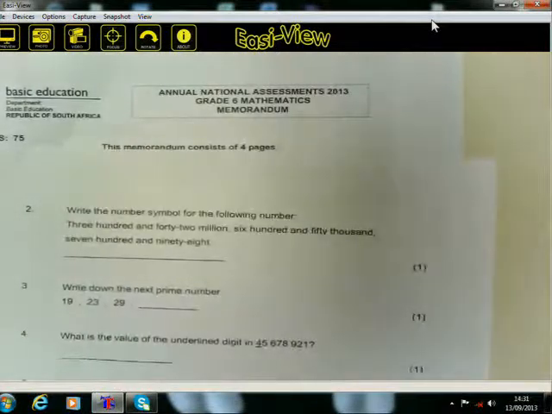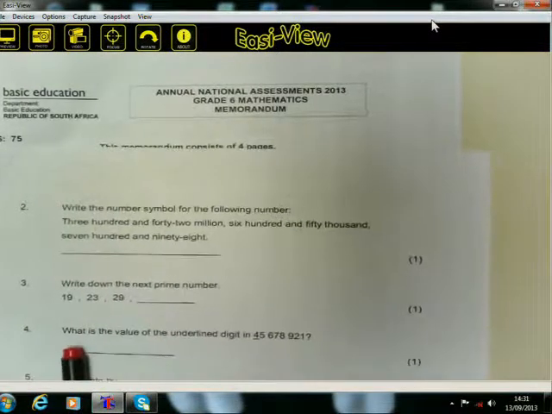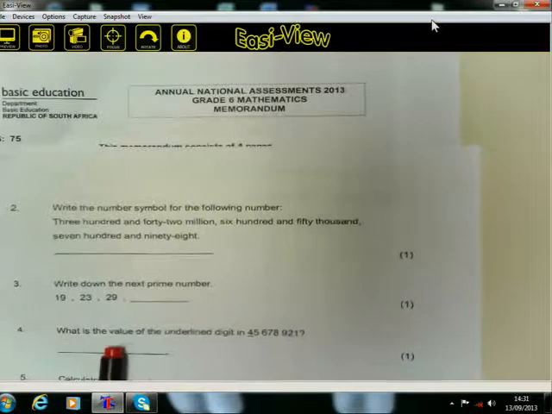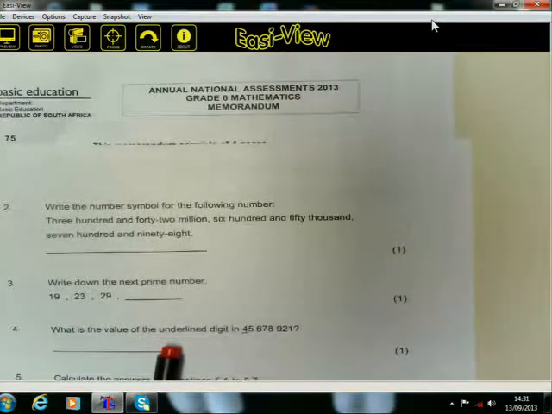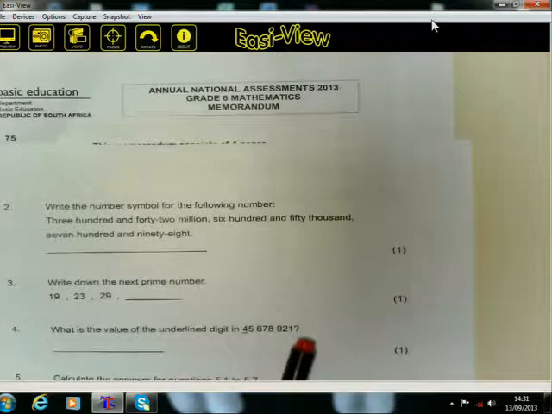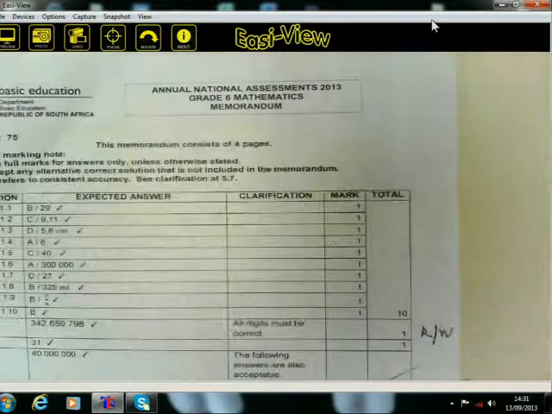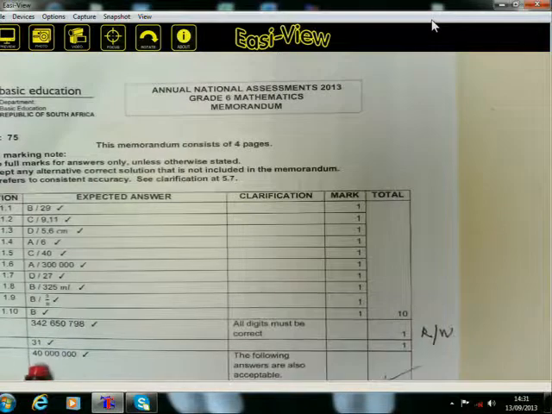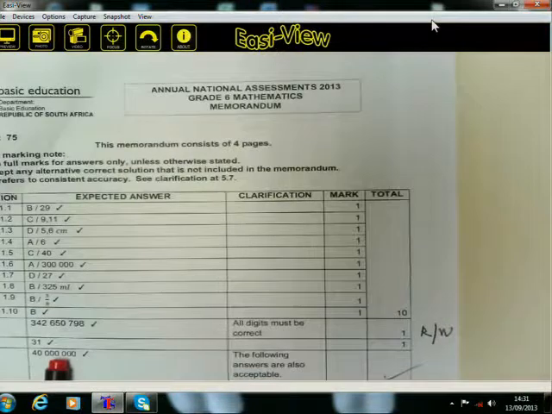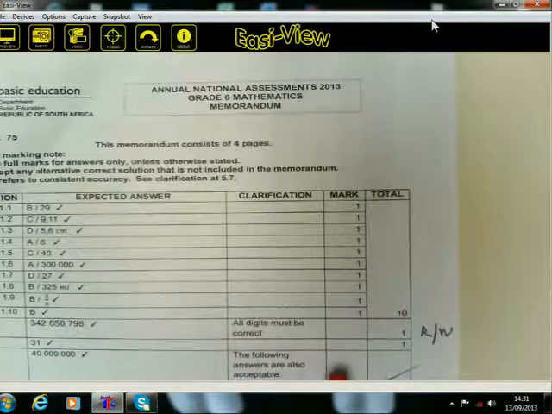Number 4. What is the value of the underlined digit in this number? Here they want the value and it counts 1 mark. So the correct answer there is 40 million. That is the correct answer. But now, other learners will do this.